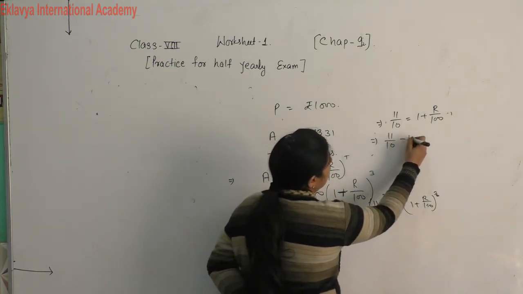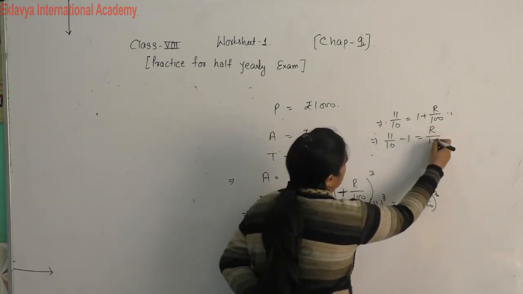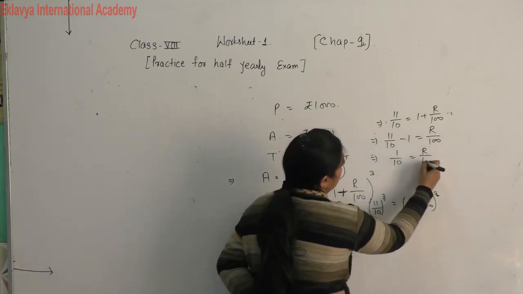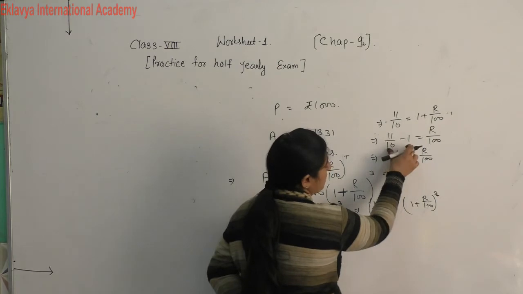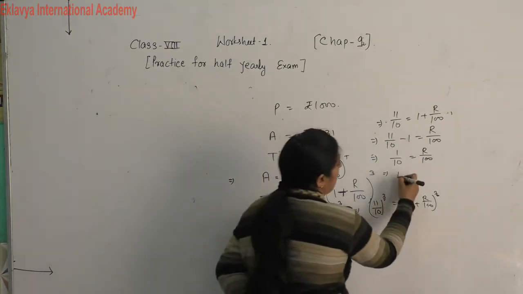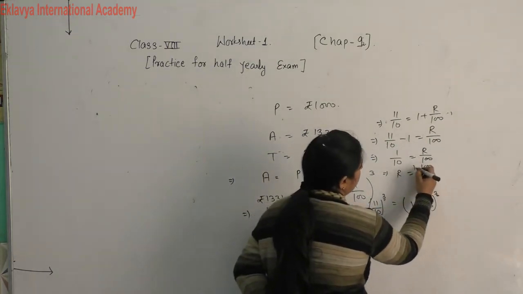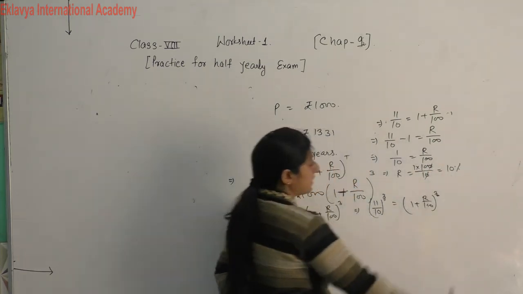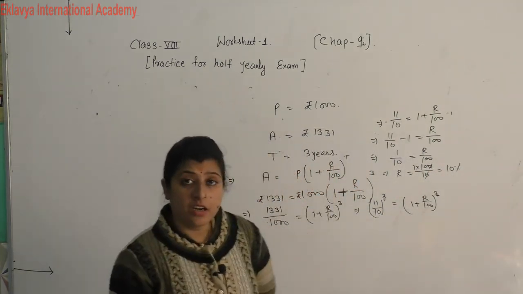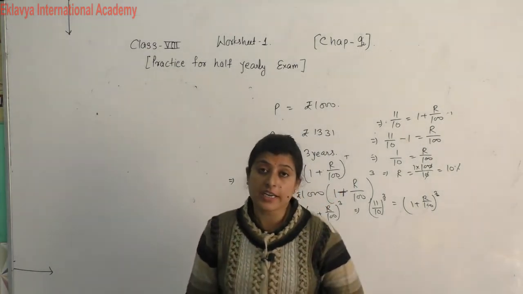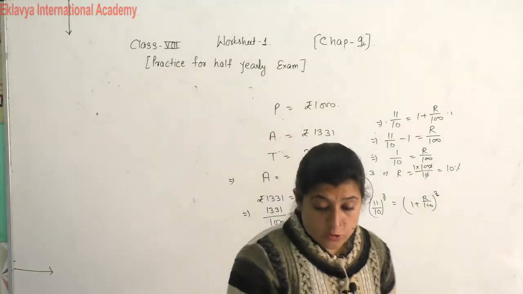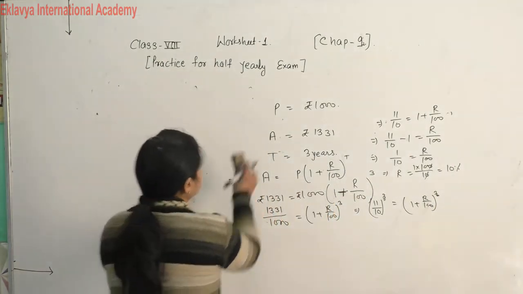Then 11 by 10 minus 1 is equal to R by 100. 1 by 10 is equal to R by 100. When you after solving this, then R becomes 100 into 1 by 10, that is 10%. So what will be the rate here? 10%. See the next question, question number 8.